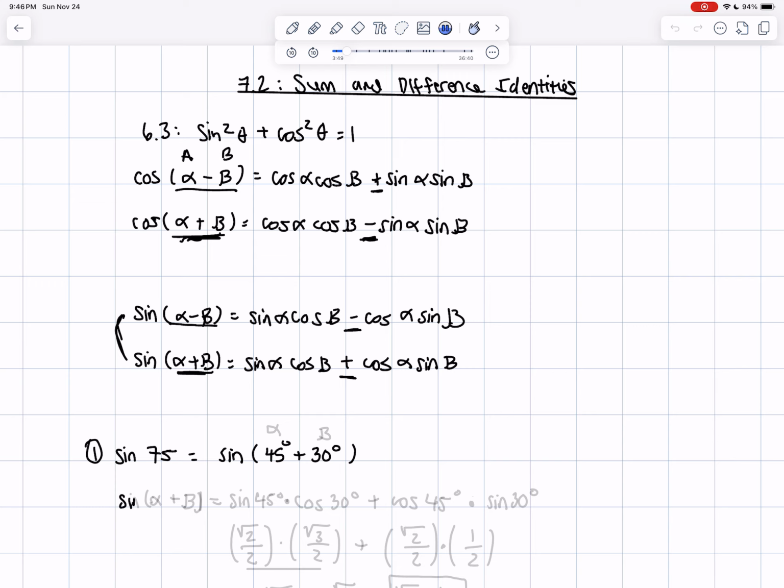So it'll be the sine of alpha plus beta. And then I label my alpha and my beta. So my alpha will be the 45 degrees, my beta will be 30 degrees.